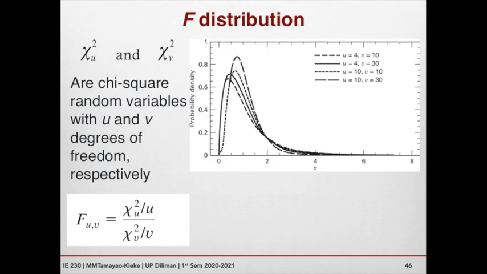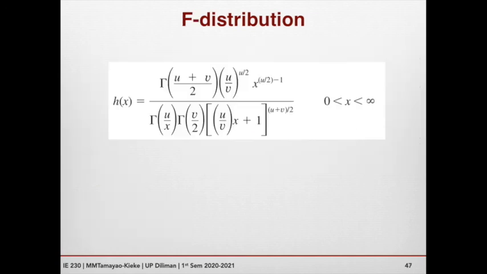Now, shown in this graph are several f distributions. The probability distribution of x is given by the following. As you will learn, this distribution is very important in the analysis of designed experiments.